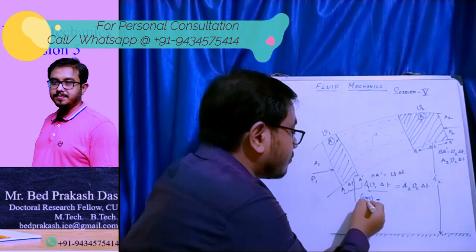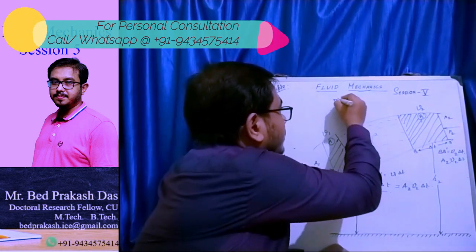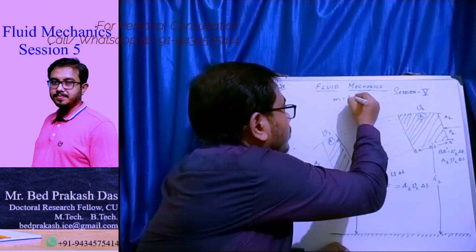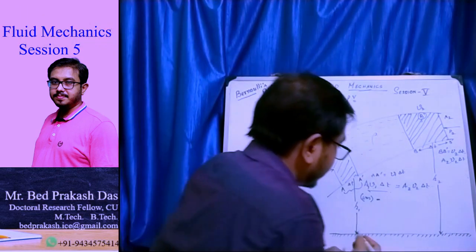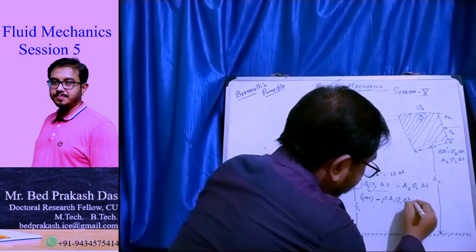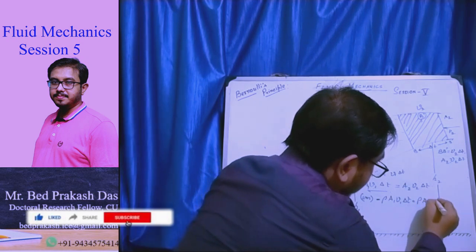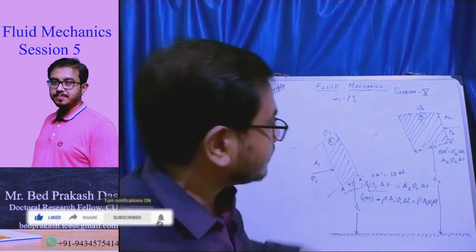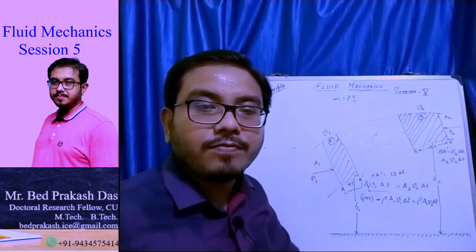Now if we calculate the mass from the equation m equals rho into V, where V is the volume, we get rho A1 v1 delta t equal to rho A2 v2 delta t. From here we can calculate the work done by this force.